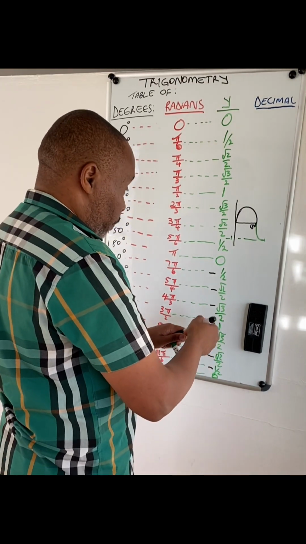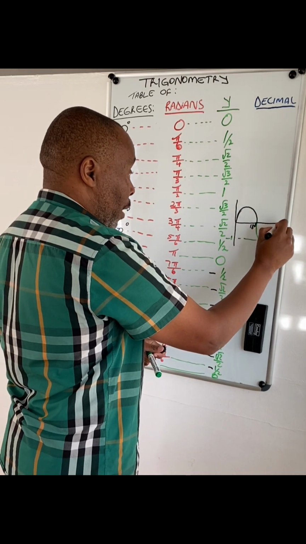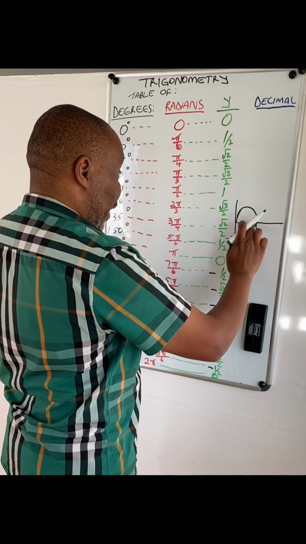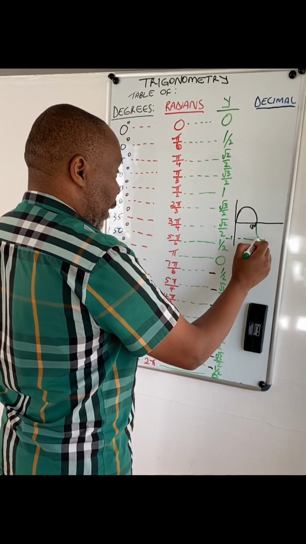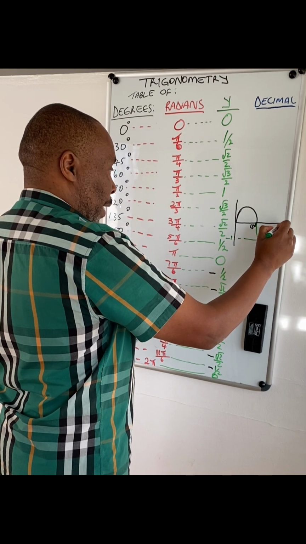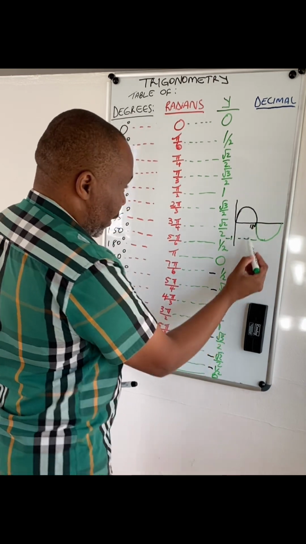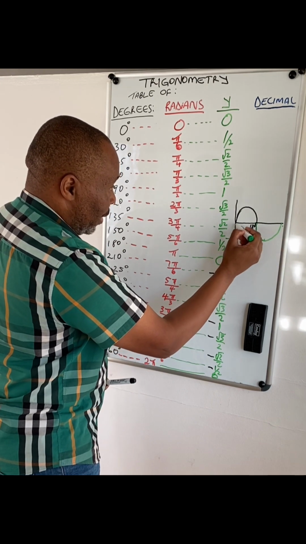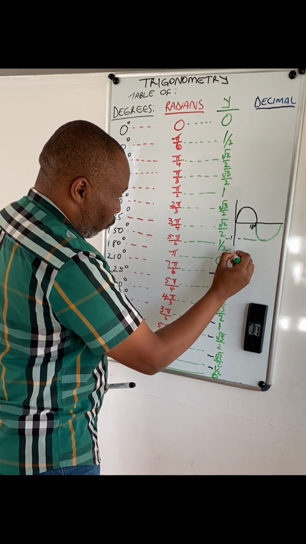As it would do in our complete graph. It's still on the negative. Below 180 it became negative, and it went up right up to 360. From here to here, it is below this line. It's on the negative y values.